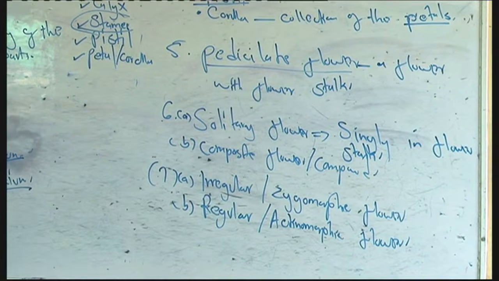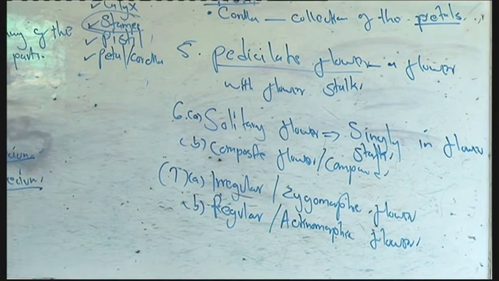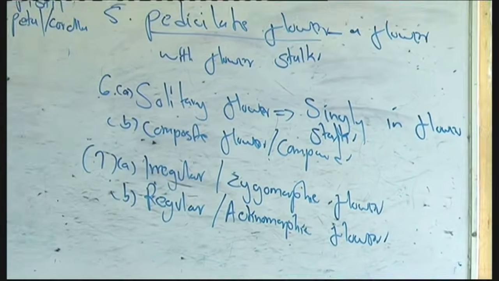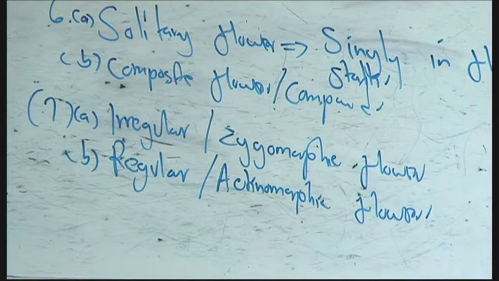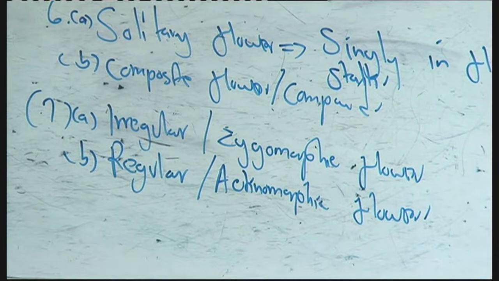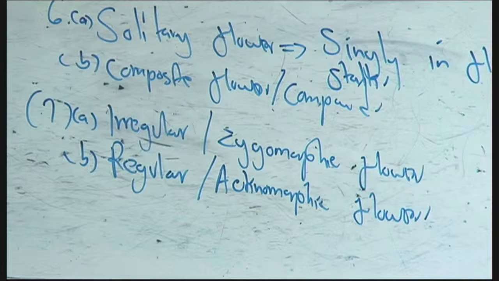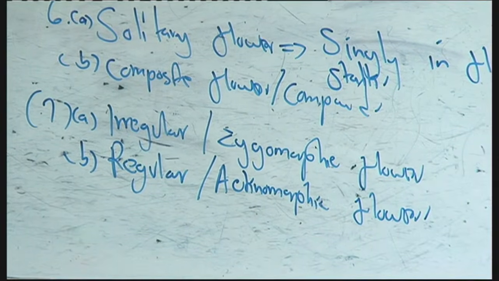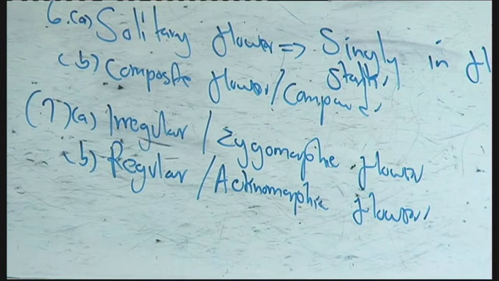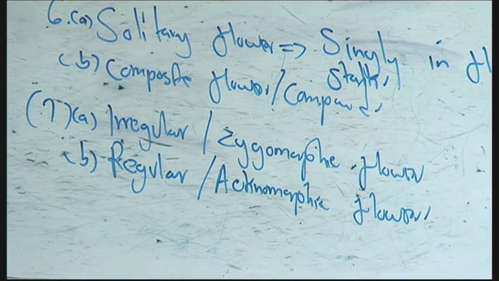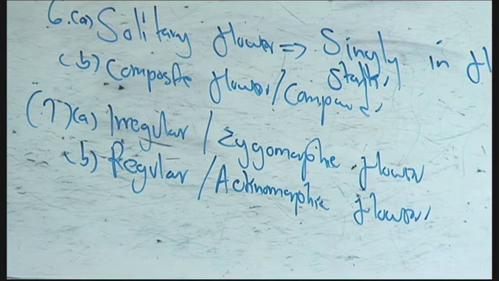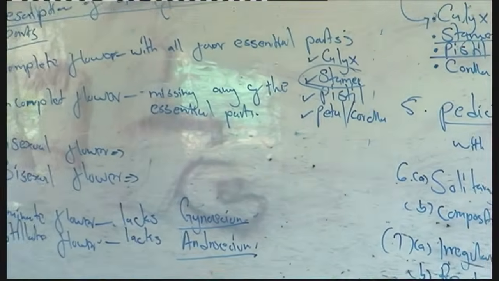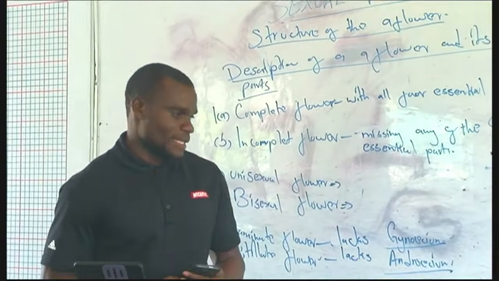A zygomorphic flower is that type of flower that can be divided into halves in only one plane. An example of that flower is clitoria. Then we also have the regular or actinomorphic flower, which is that flower that can be divided into two equal halves along many planes.